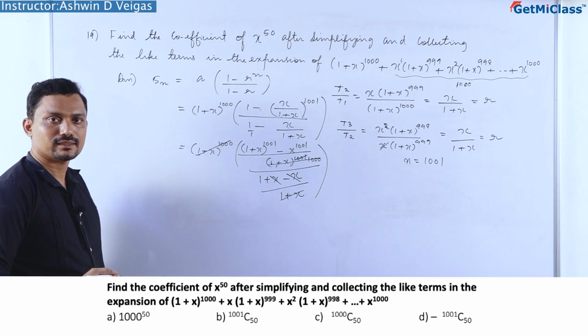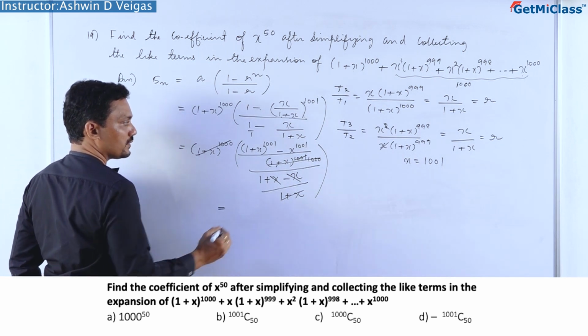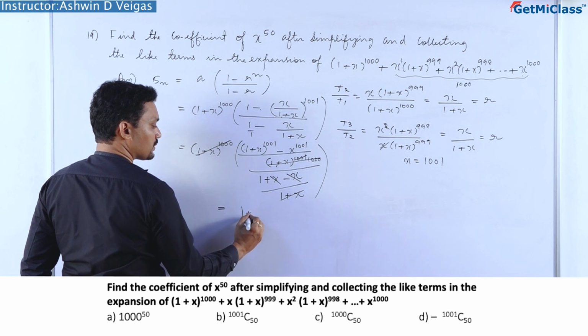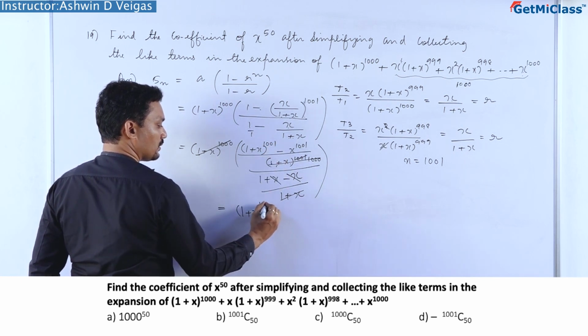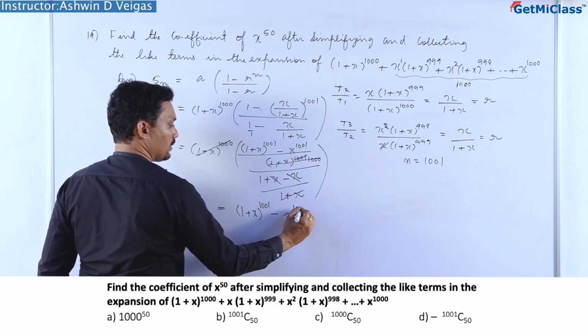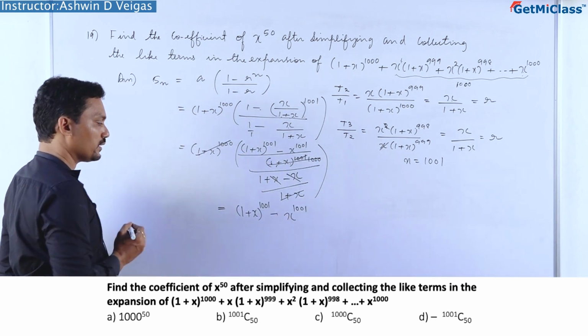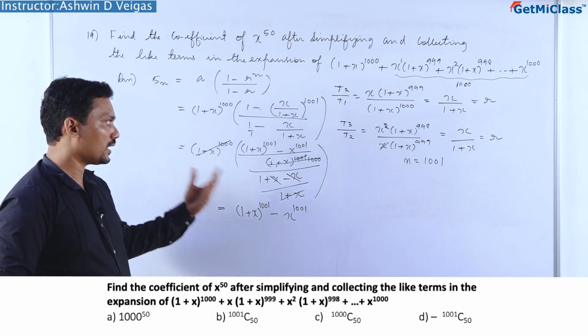So so many cancellations happen, and you are going to get (1 + x) power 1001 minus x power 1001. Now this has become much simpler to work with.